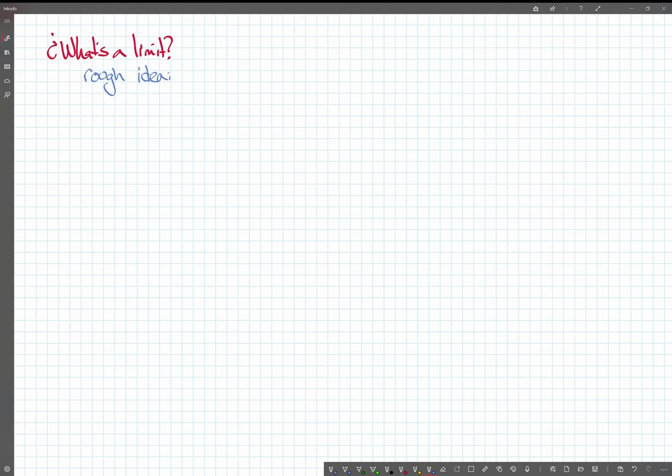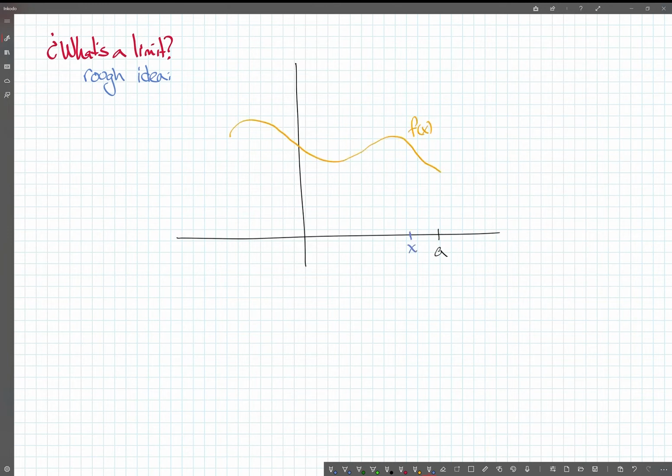So the rough idea of what a limit is is this. You're looking at an input value, or something like an input value, a. And what we're going to do is take input values x that are close to a, and we're going to figure out, as we move that x closer and closer to a, what happens to f? In this picture, you can see what's happening on the graph, and the values are represented on the y-axis.